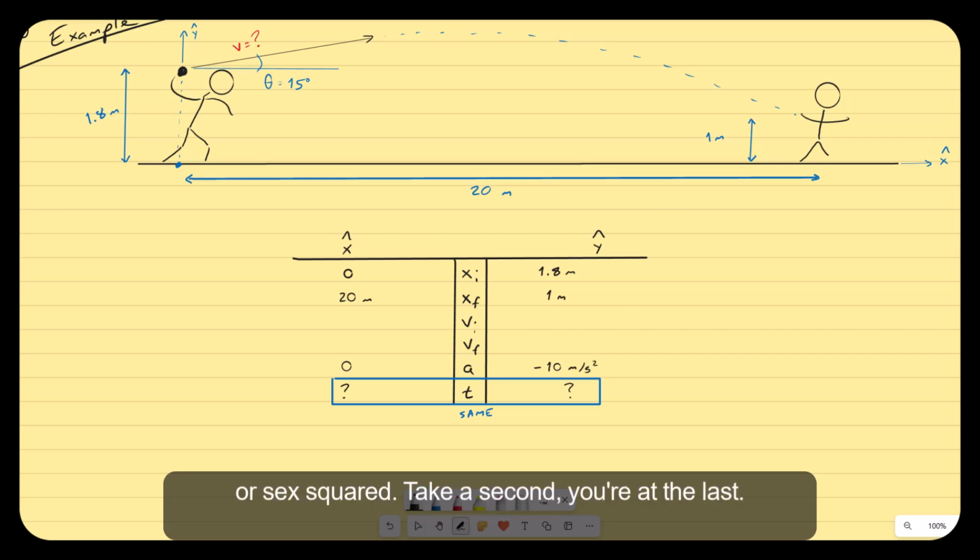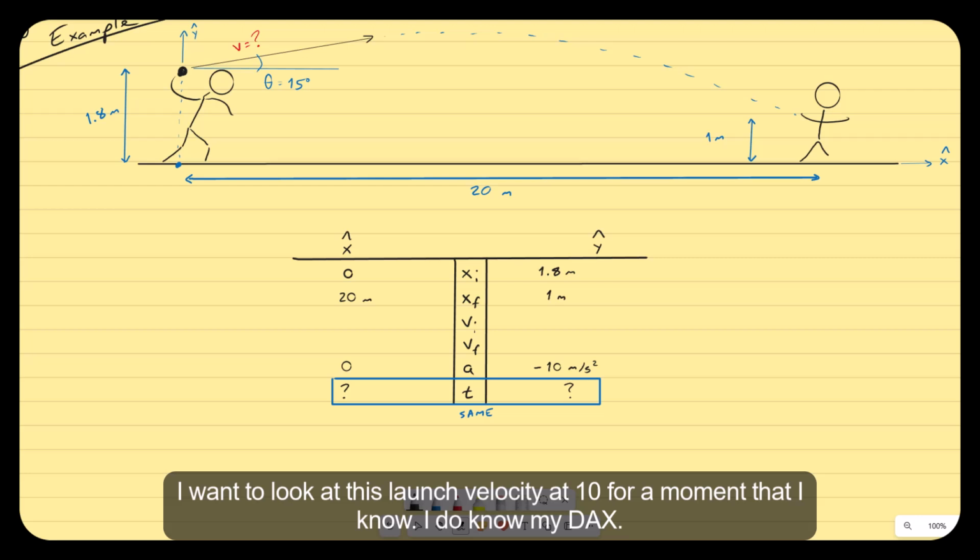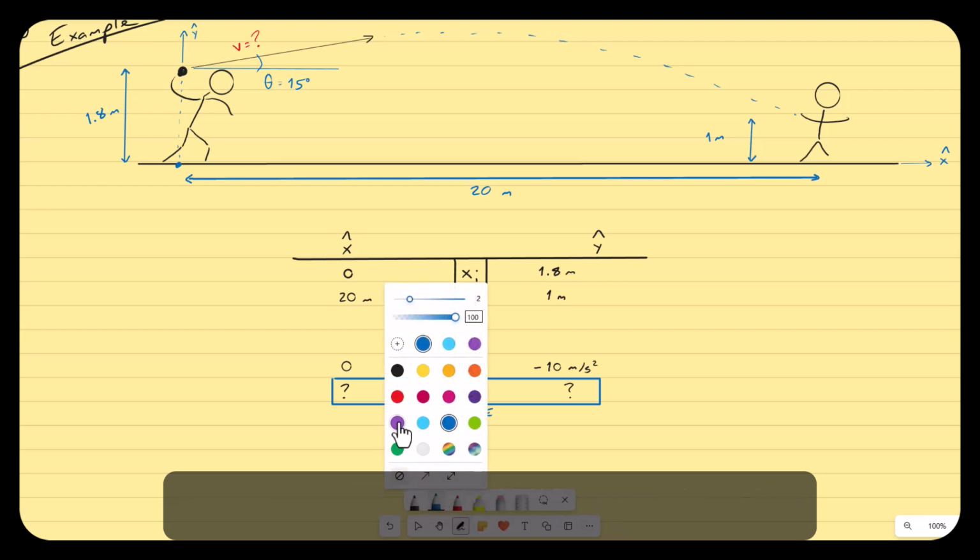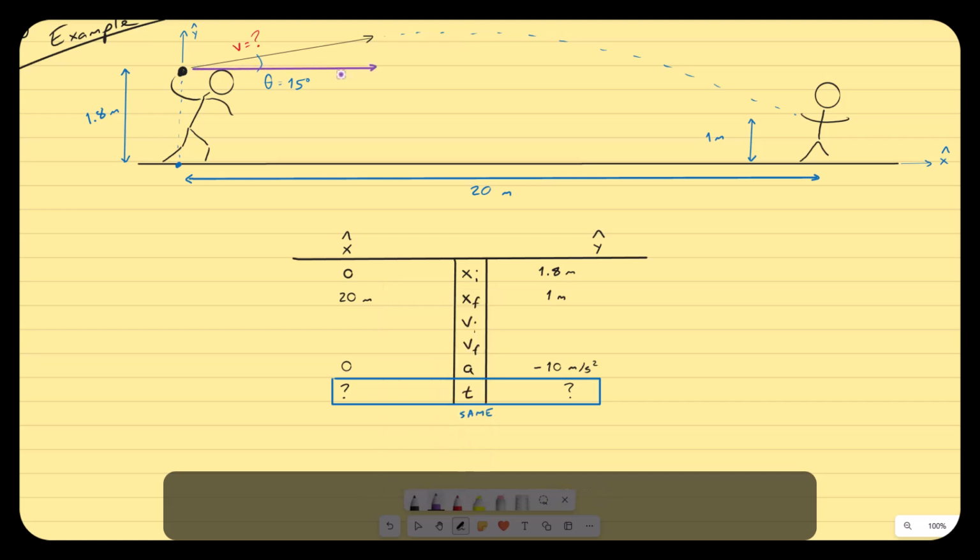I'm going to take a second and figure out these velocities. I want to look at this launch velocity and pretend for a moment that I do know my diagonal. So right here horizontally, I'm going to get a V initial X, and it's going to be equal to V initial, which I don't know, times the cosine of 15.